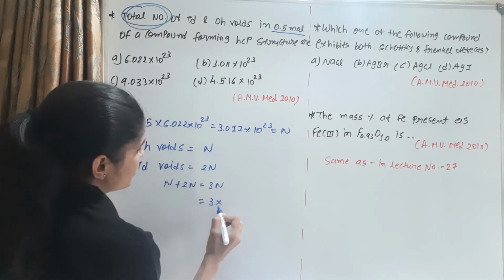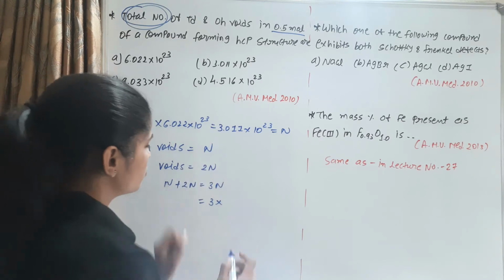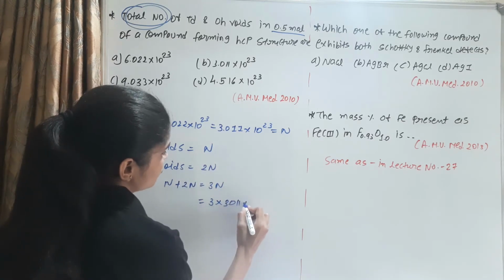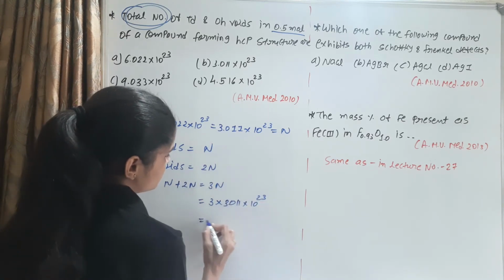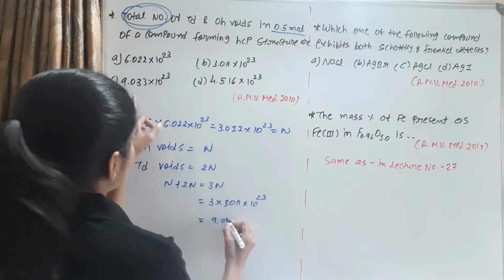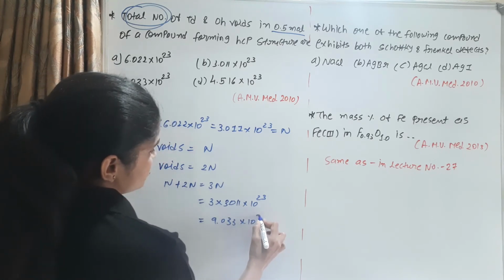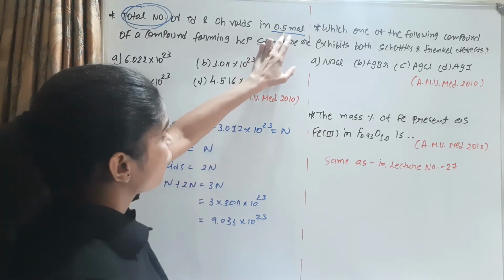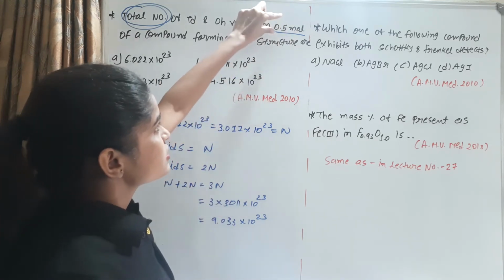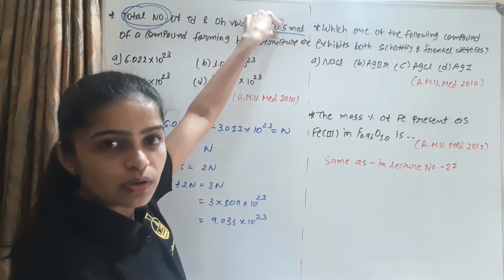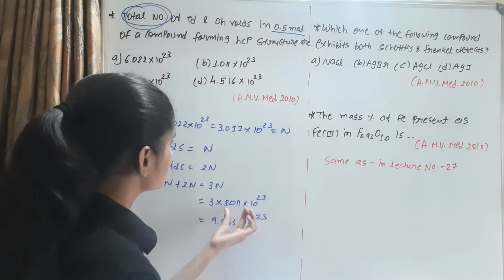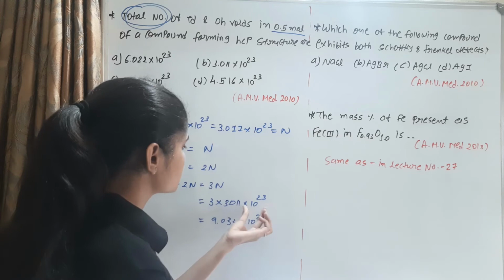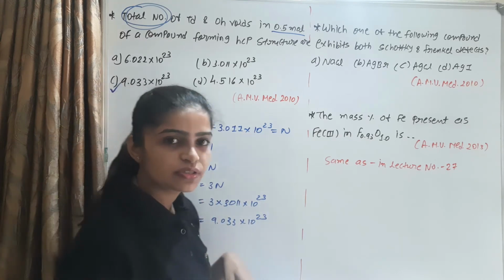Multiplying 3 with the n value 3.011 into 10 raised to 23 gives 9.033 into 10 raised to 23. This is the right option. For 0.5 mole, we consider it as 1 mole multiplied by 6.022 into 10 raised to 23 multiplied by 3.